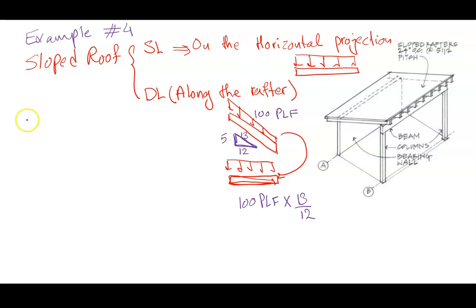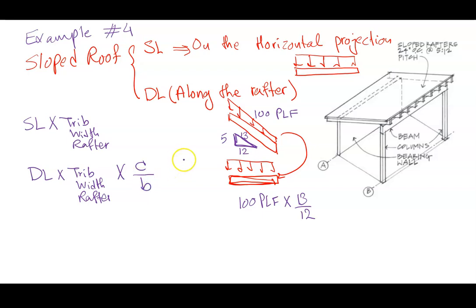So for this example, we multiplied a snow load by the tributary width of load on a rafter. Then we did the same thing, but we also had to multiply the dead load by the adjustment factor to adjust it from along the rafter to the horizontal projection.